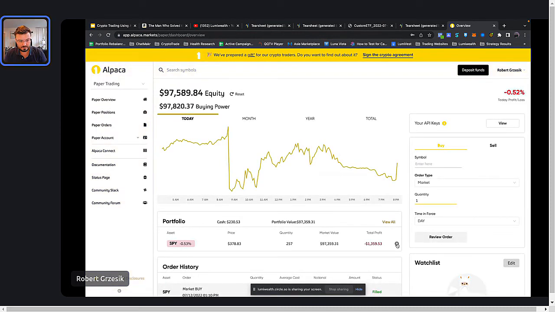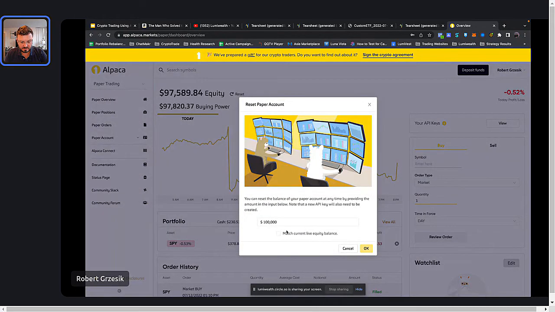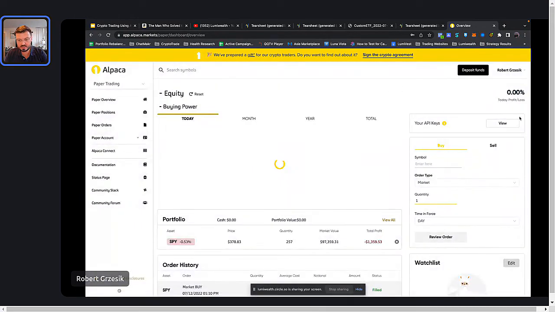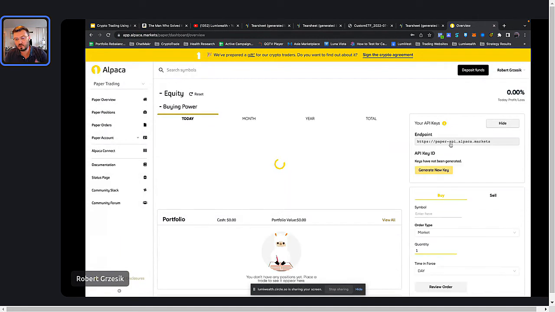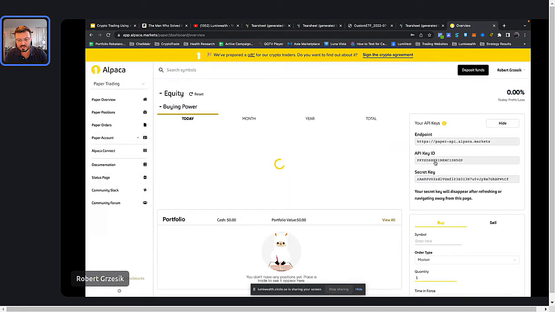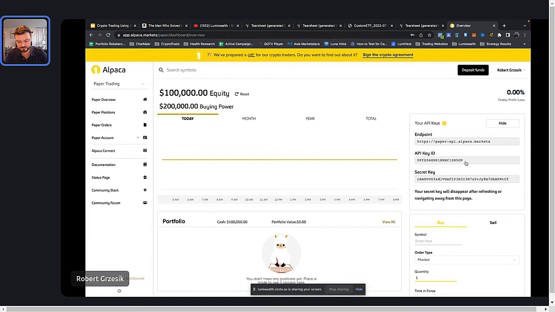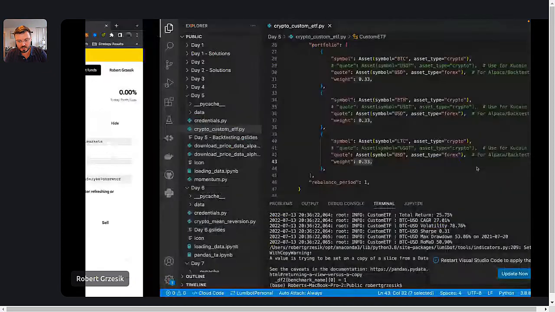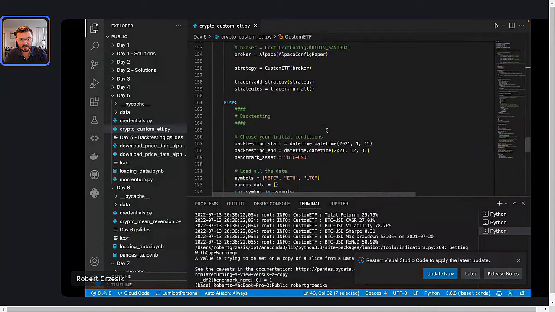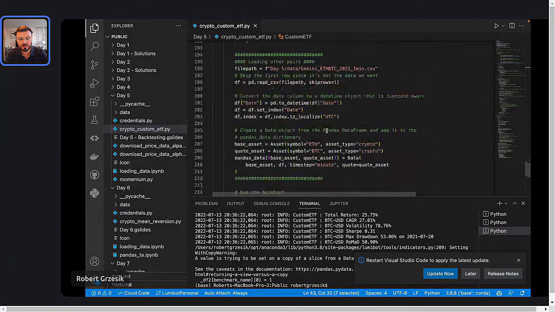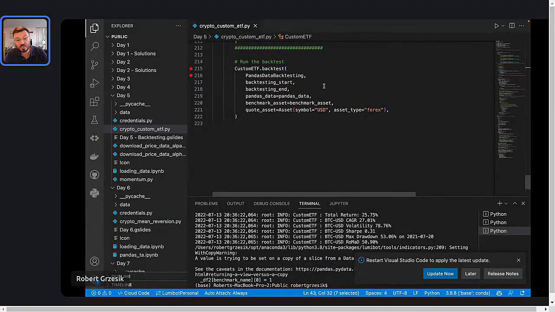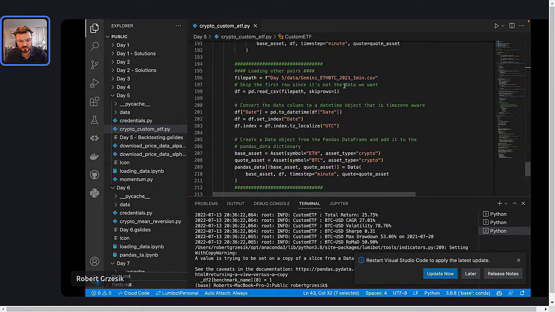I'm going to have to reset my account here. This is a paper trading account, just so you guys can see an idea of how this works. You could actually see this thing trade a third inside of these, or if I change the weightings, I could change the weightings too.